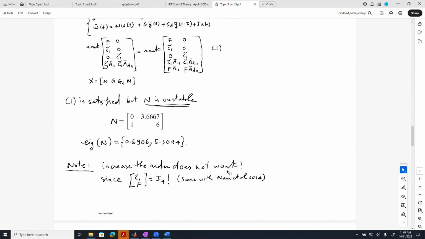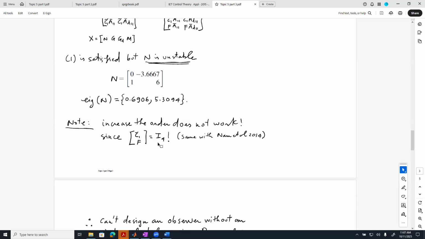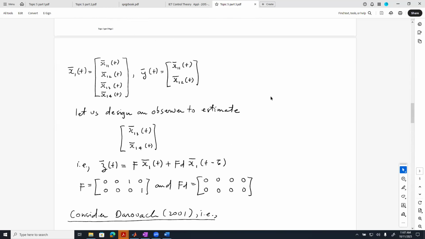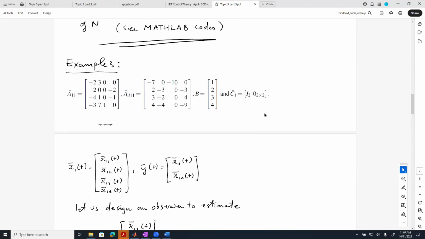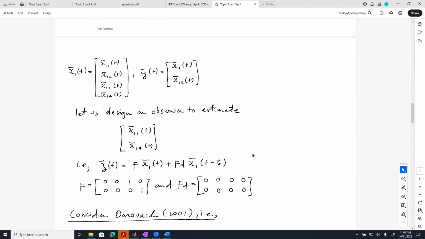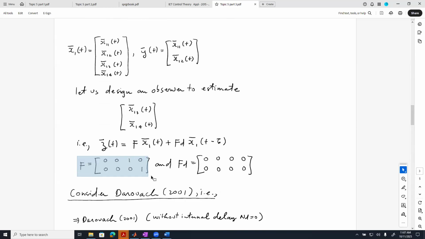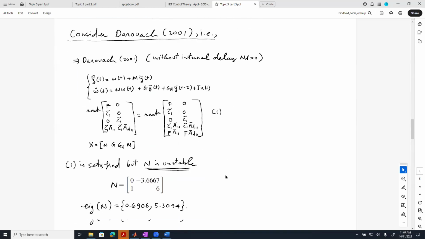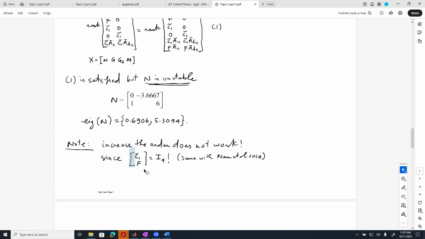Now, in this particular example, it is very important to stress that the matrix C tilde 1 itself is a matrix of dimension 2 by 4, and the matrix F itself is of dimension 2 by 4 as well. So when we look at this matrix here, it is a 4 by 4 matrix, and it is already of full rank.